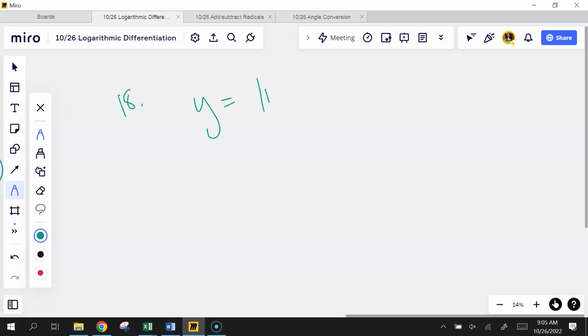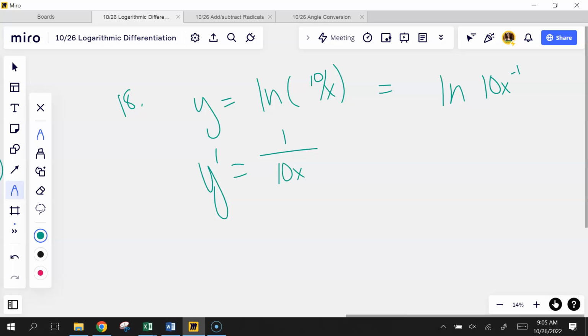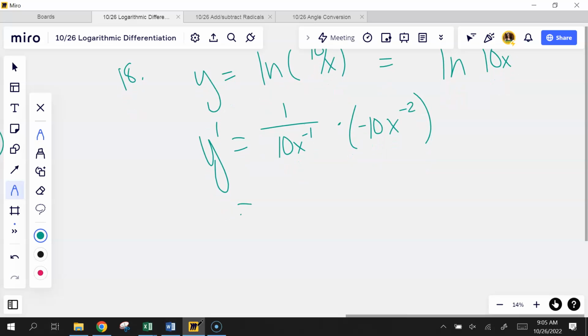Y equals log of 10 over x. Again, I think I'm going to rewrite this as 10x to the negative 1 just to kind of help as I find the derivative. So derivative here, 1 over 10x to the negative 1, and now I need to chain it. So what's the derivative of 10x to the negative 1? That's exactly right. I do have a negative. Let's see, the 10 will be up top, and actually I can do this.